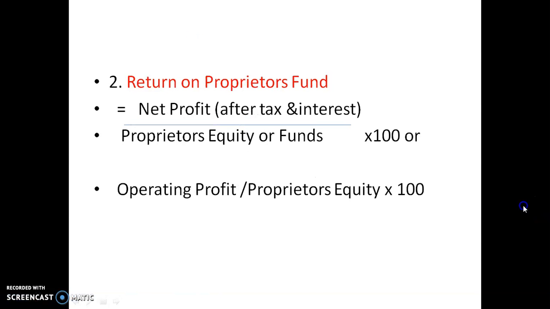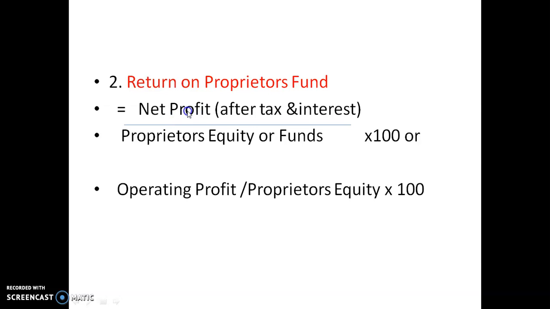The second combined ratio is return on proprietors' fund. Return is always calculated in the form of net profit, and in this ratio return is calculated on proprietors' fund. Proprietors' fund means own fund. It is also known as net worth. For calculation of return on proprietors' fund, the formula used is net profit after tax and interest.